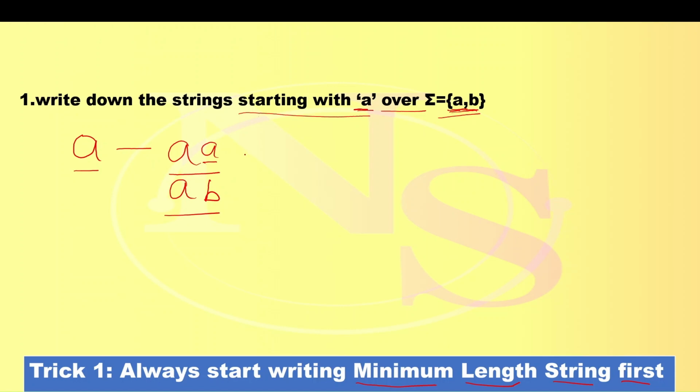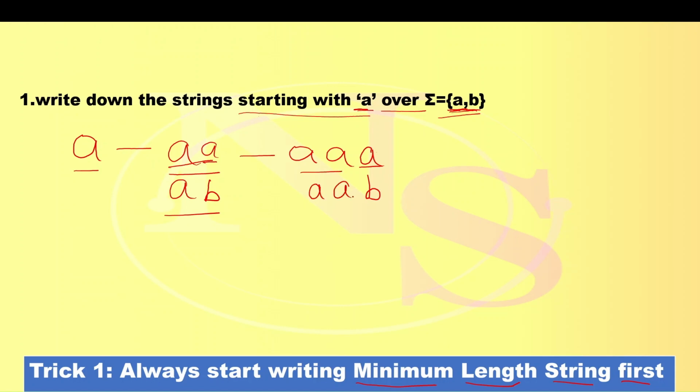Next, if we want to write the next strings of length 3, copy this AA as it is and think what will be the next symbol. For that, check sigma. Sigma contains A, B. Write down A as it is, then write down this B as it is. Copy this AA.